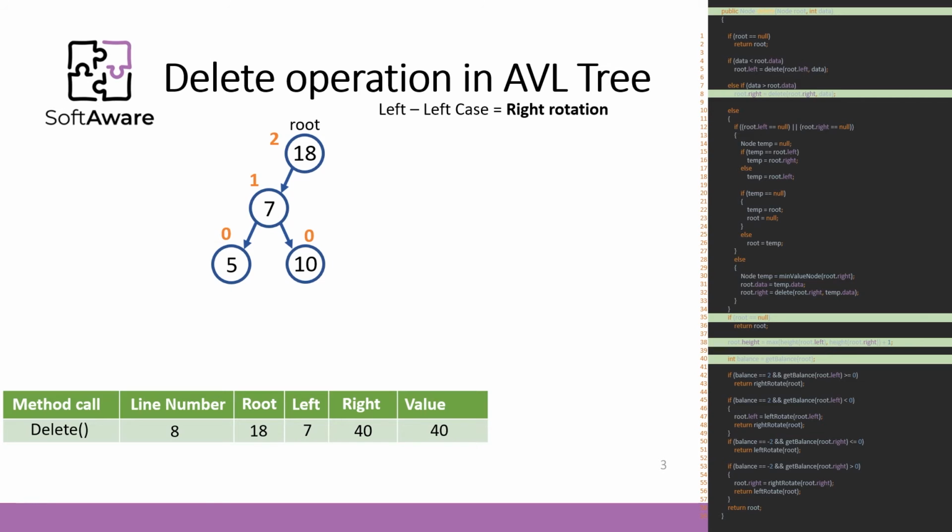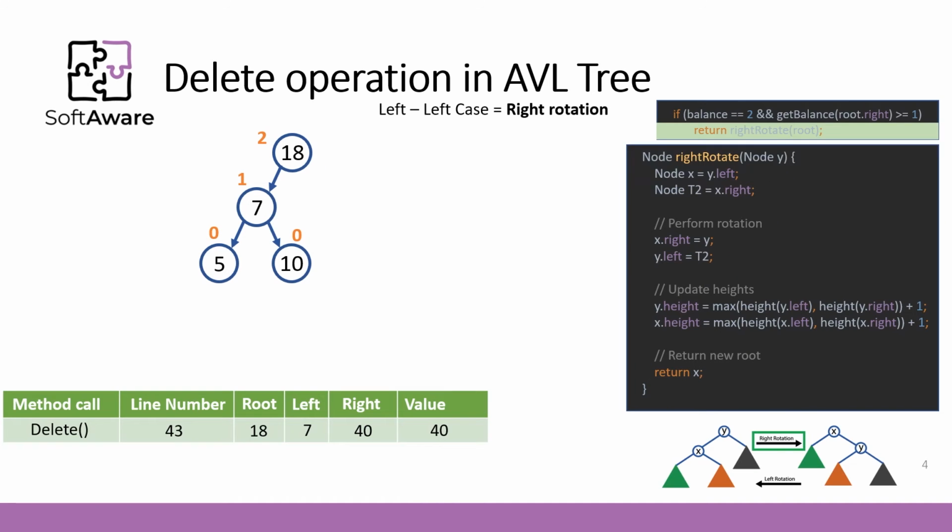That would also mean that we need to perform left-right rotation. But in this case, our get balance will return 0 as a value from the child node of our root node, which means there is a value at the left pointer of our root node. This also means that our AVL tree requires a right rotation. So next, let's see how right rotation is performed.